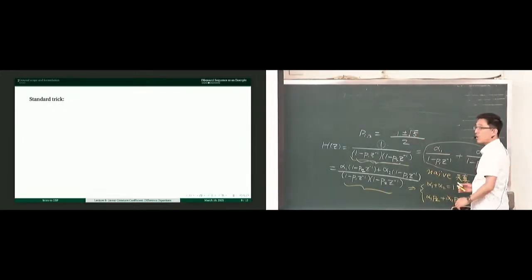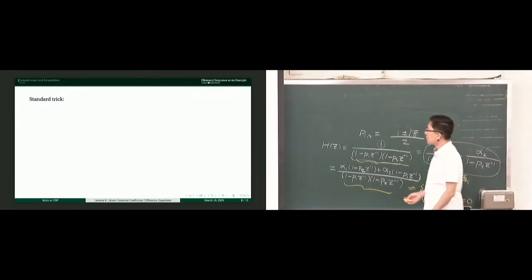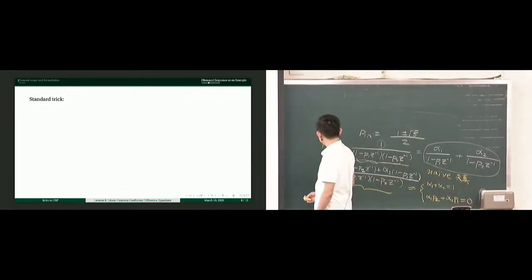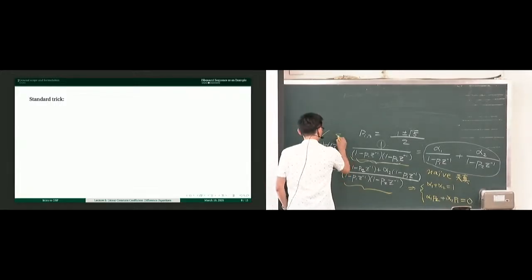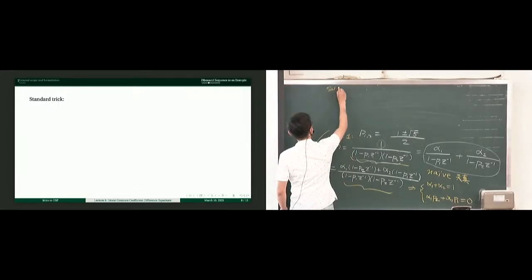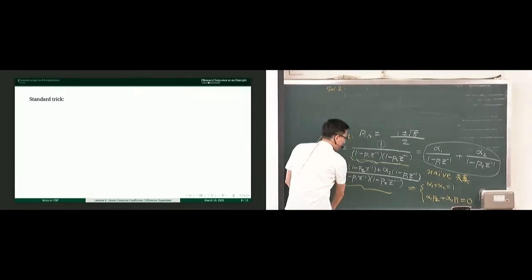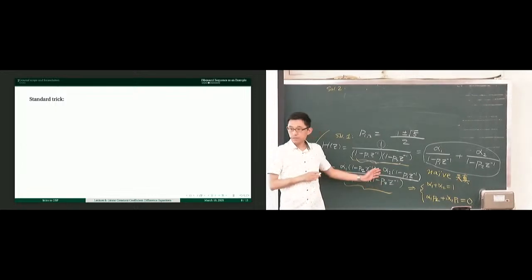But the not naive way, the more professional way of finding alpha 1 and alpha 2 is this other solution I'm going to suggest, okay? So let's try to see if there's a solution 2. So this is solution 1, and solution 2. In solution 2, ready? Are we ready? Yeah, so far so good?